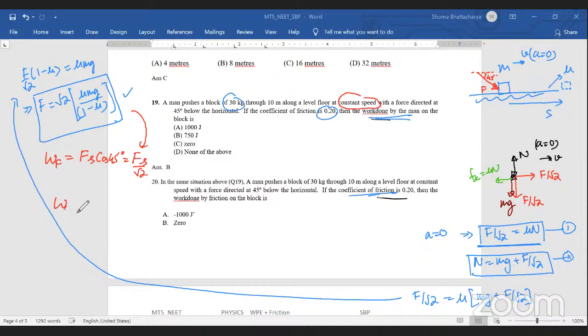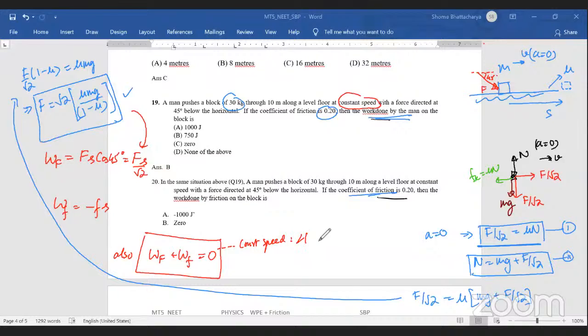And work done by friction will be minus F into S. You can also see that work done by F plus work done by friction will be zero, because the block is moving at constant speed.